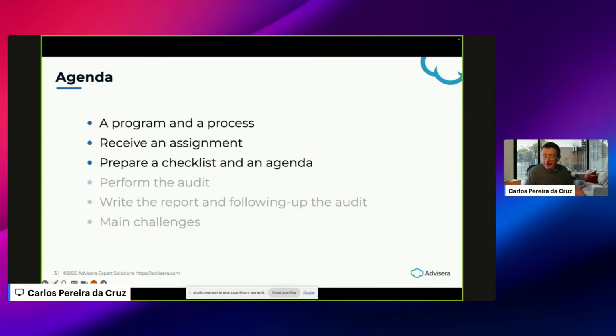Then comes the agenda or audit plan or schedule. Then we will speak about the execution of the audit and the audit report. After the audit, you must do the follow-up, one for each audit and another at the completion of the program.